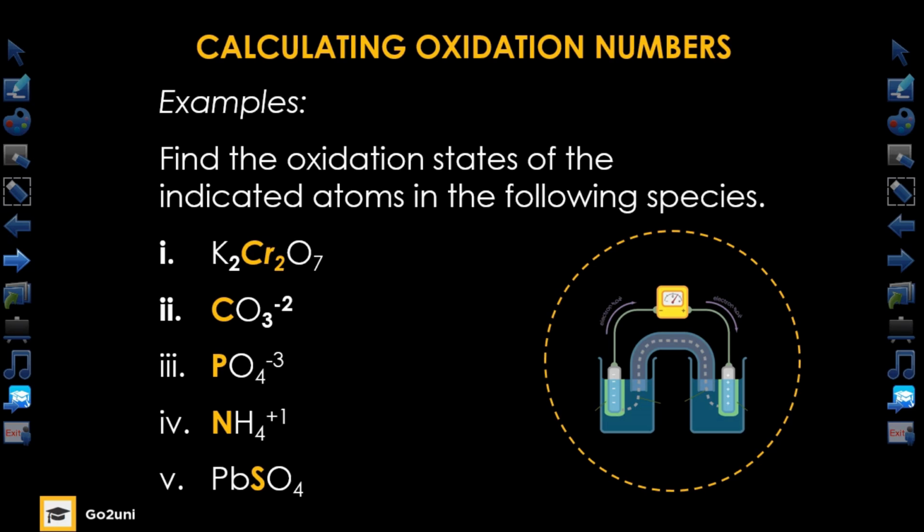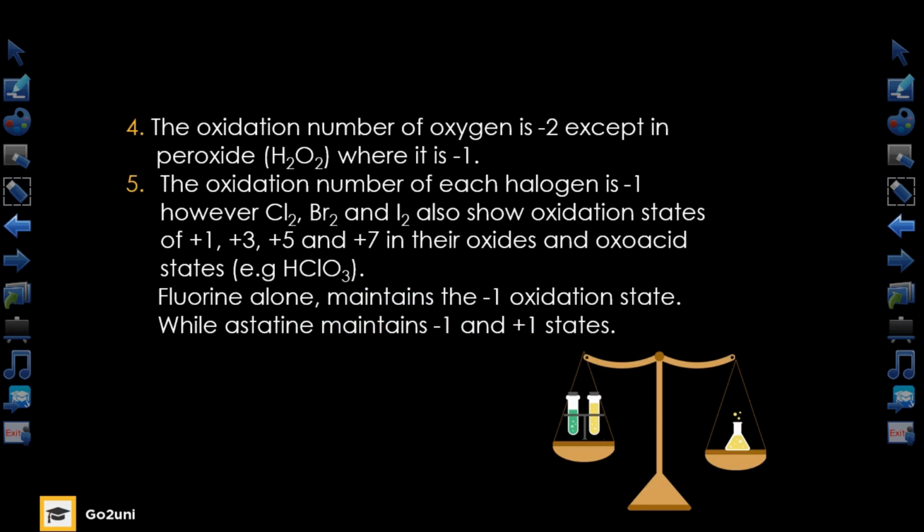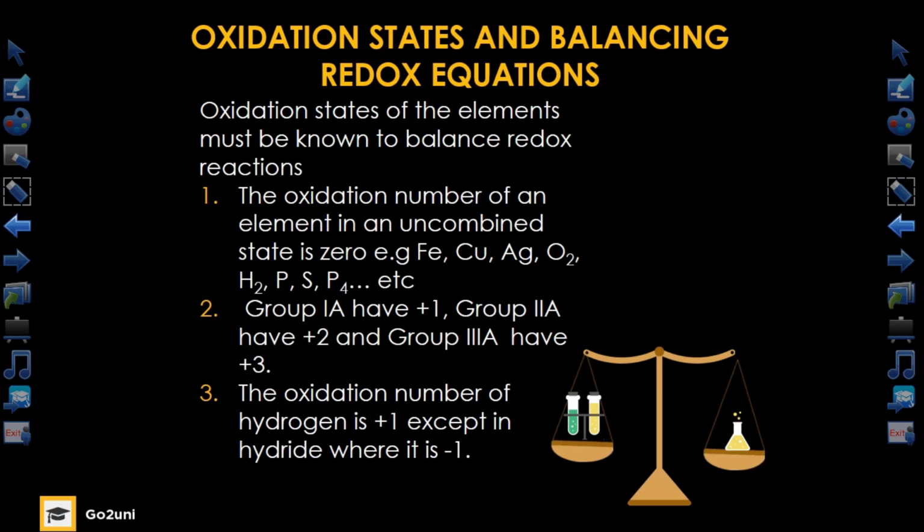We have seen the rules that govern calculation of oxidation number. Let's go through these rules again just to remind ourselves. We are told that the oxidation number of an element in an uncombined state is 0.